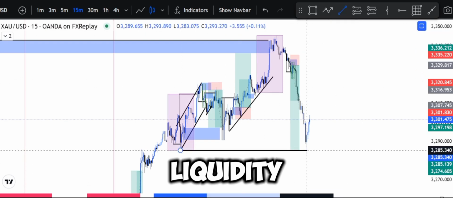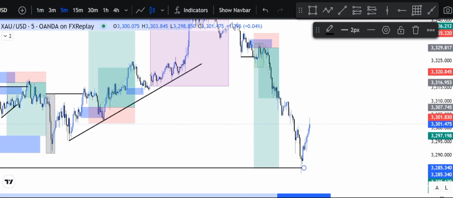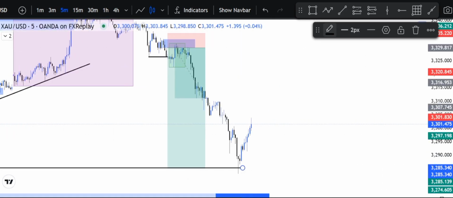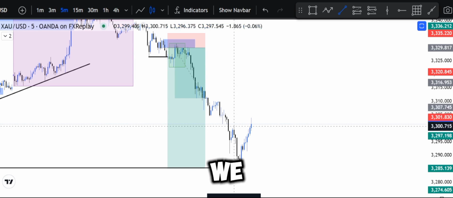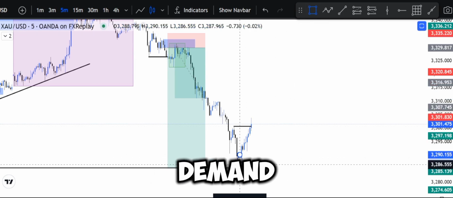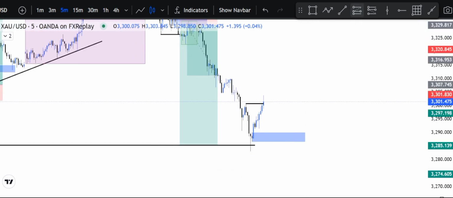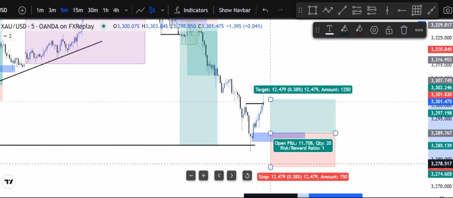Now we took liquidity. We are going up again. We have break of structure. Another demand. We can take this one. TP low.